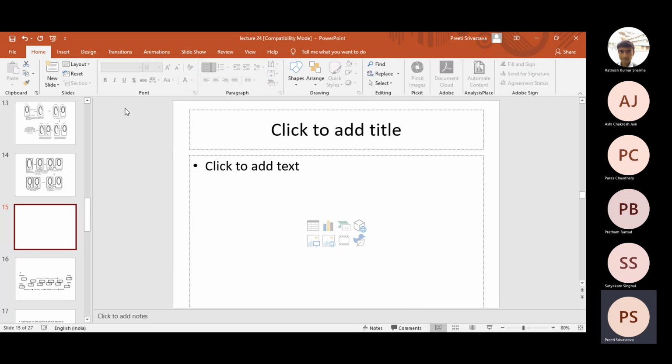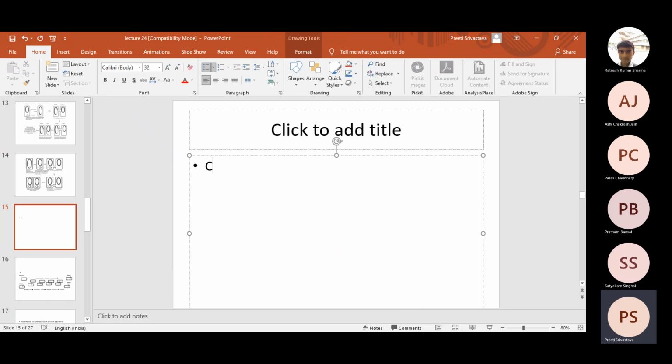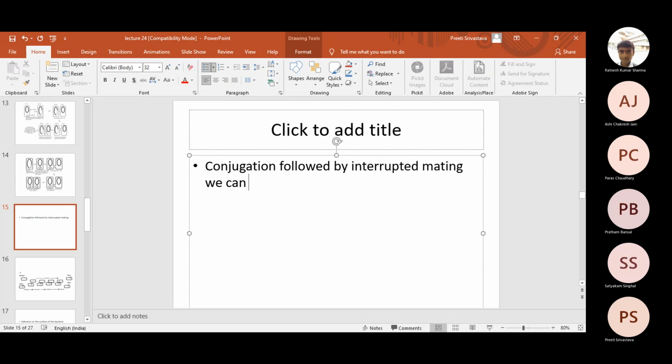People in the 1970s or 1980s came up with the idea of using conjugation followed by interrupted mating to map the genome.